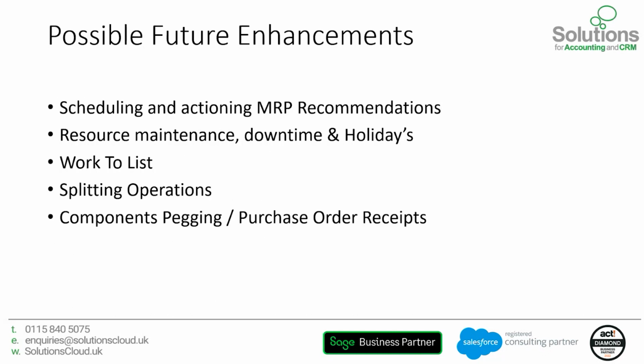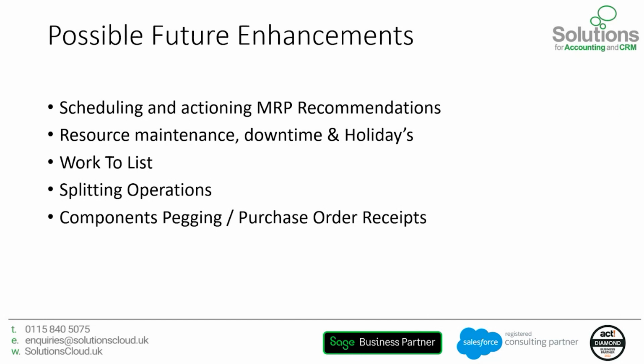So in terms of some of the possible future enhancements that Cim have already recognised as potentially adding to the tool, at the moment the graphical planner is looking at works orders and at a production plan based on jobs that have already had works orders created for them on the system.